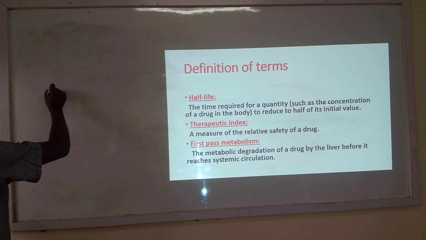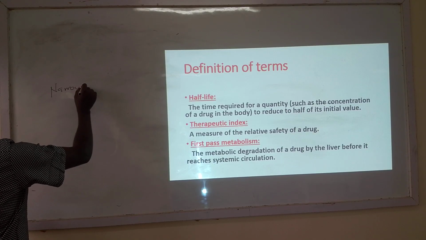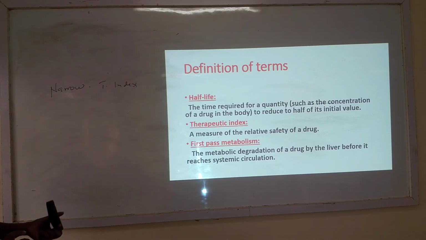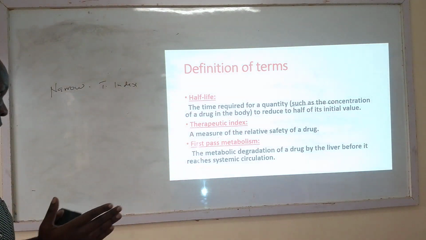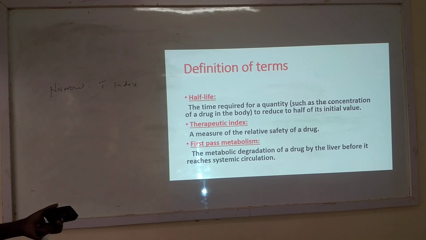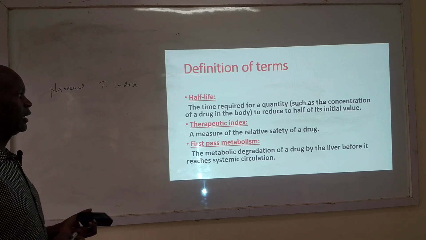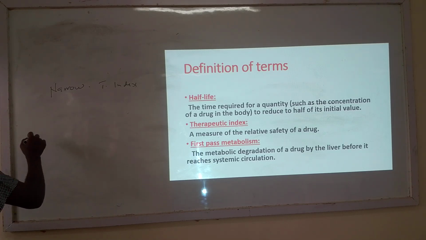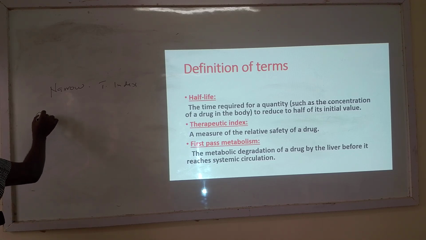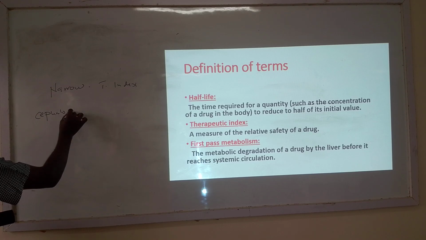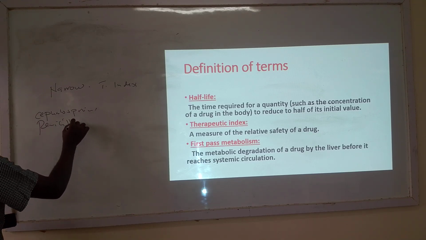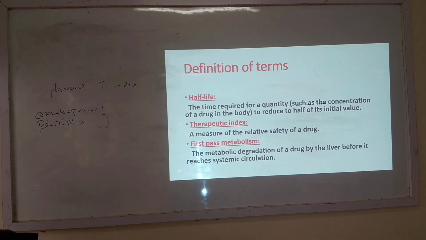Drugs that have a narrow therapeutic index need close monitoring because the window is very narrow, while those that have a broad therapeutic index are very safe. Examples of drugs that have a broad therapeutic index are cephalosporins and even penicillins. That's why they are mostly prescribed.